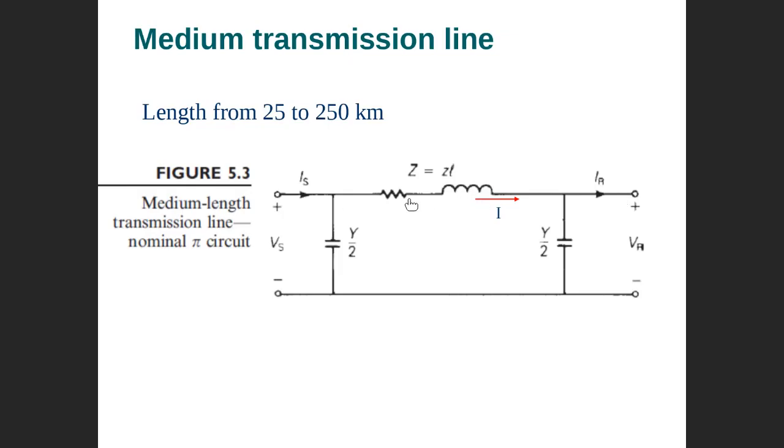So we have the impedance and we have the admittance on both sides. So this is a medium transmission line. It's called the nominal pi circuit. Later we will have equivalent pi circuits. It's called pi circuit because the shape looks like pi.